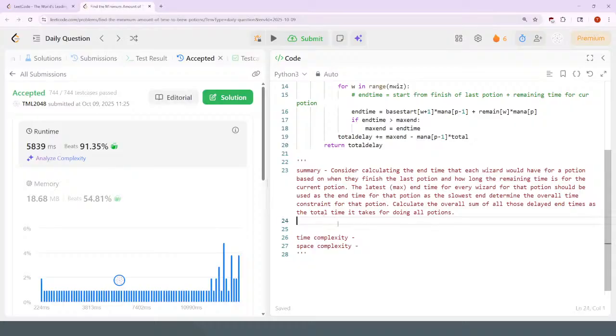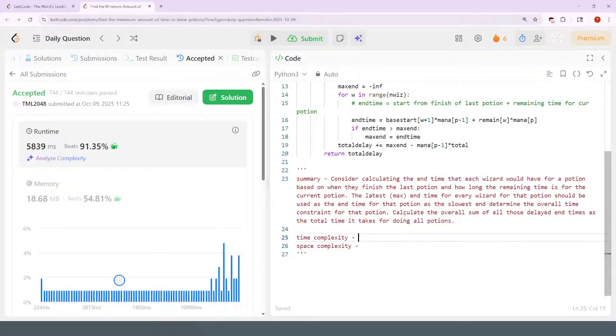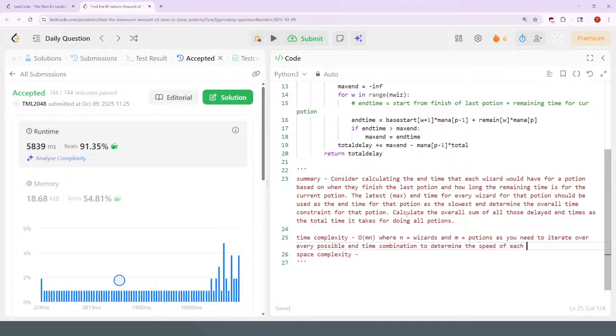Anyways, time complexity, this is going to be O of nm, where n is the number of wizards and m equals potions, as you need to iterate over every possible n time combination to determine the speed of each potion.